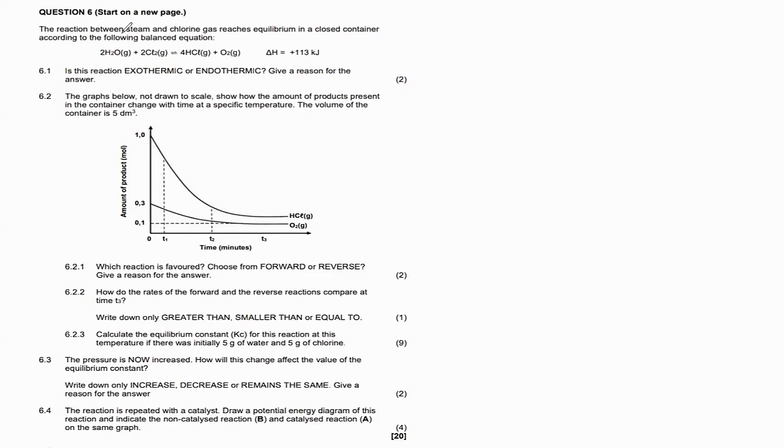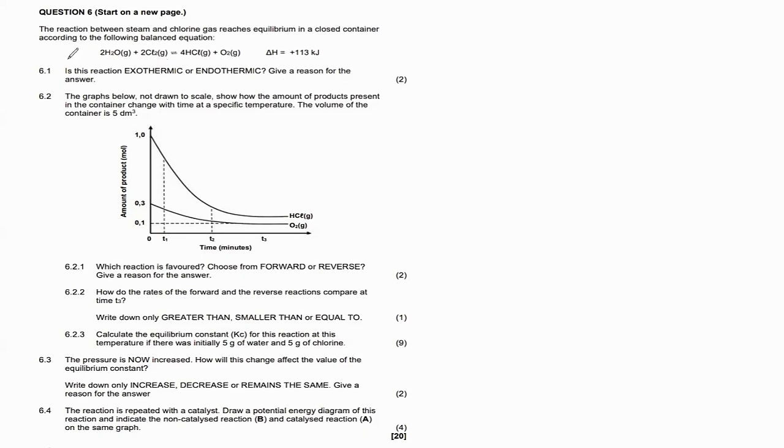Okay, so we have question 6 still on chemical equilibrium. It says the reaction between steam, so steam is our water in gaseous form, and chlorine gas reached equilibrium in a closed container according to the following balanced equation. So we can see our balanced equation and that all the substances involved here are in gaseous state.